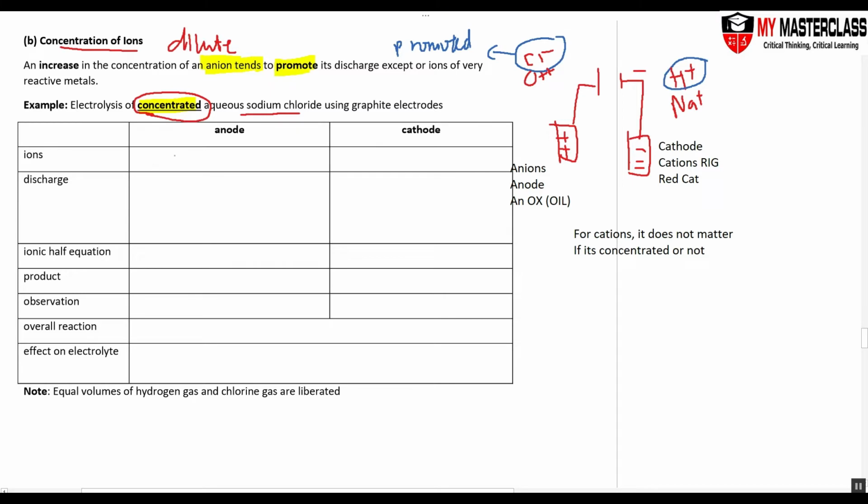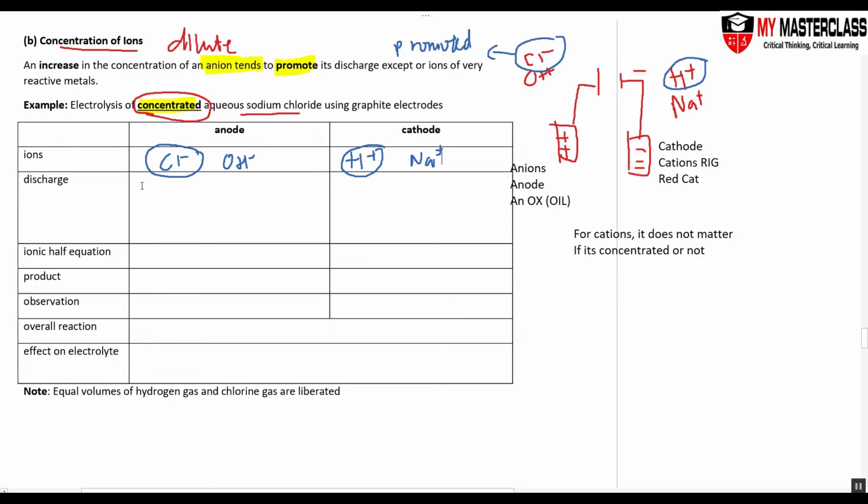So let's write on the ions here. Your anode, we have my Cl minus, OH minus. Because it's concentrated, I circle the Cl minus. I have H plus and Na plus. I will circle the H plus.